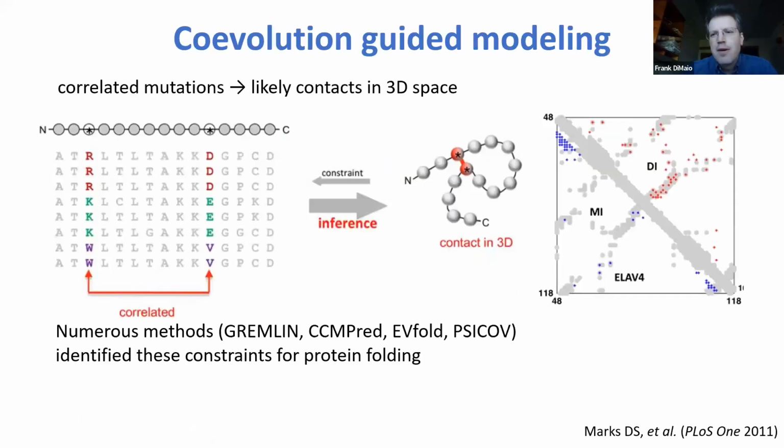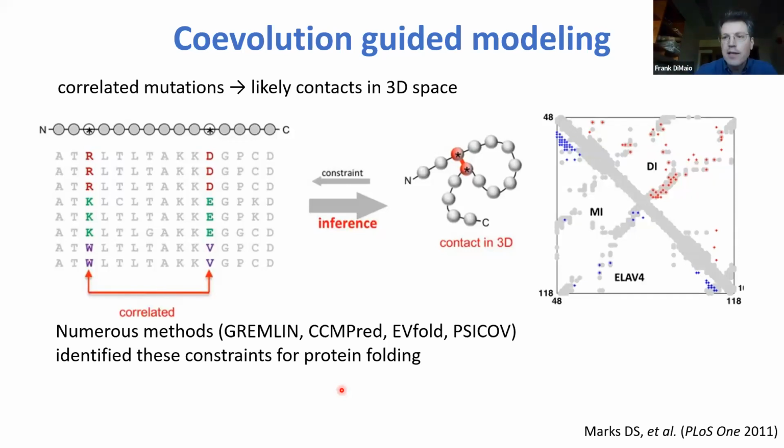So I think the idea of machine learning guided methods is built on this idea of sequence coevolution. The idea here is if you have some protein sequence that you're trying to predict, and you don't know anything about the three-dimensional structure of that protein, but you have the sequences of many, many homologous proteins, you can identify positions that essentially mutate together, these so-called co-evolving sequences.